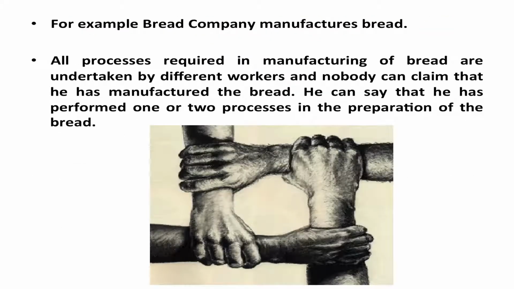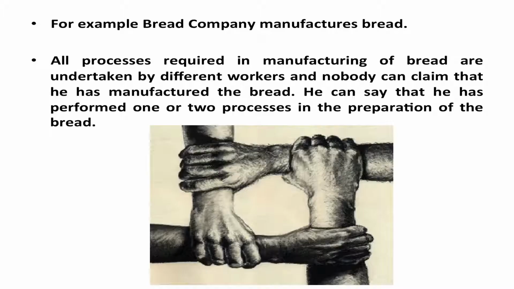For example, a bread company manufactures bread. Raw material for bread is wheat flour. Conversion of wheat flour into bread requires 3 or 4 processes. The flour has to be converted into dough and dough has to be kept into containers for baking and containers are kept in ovens for baking.